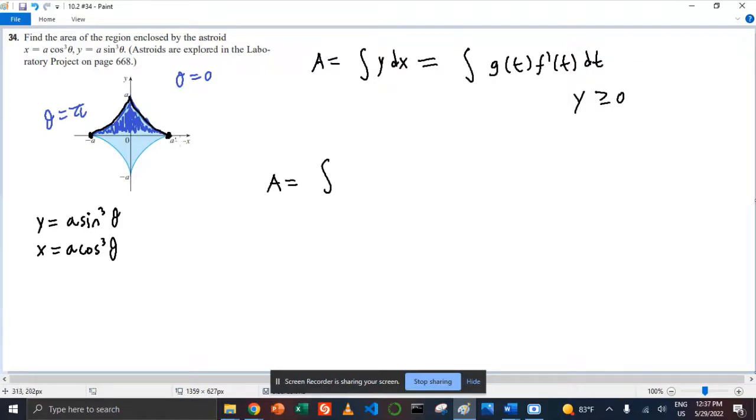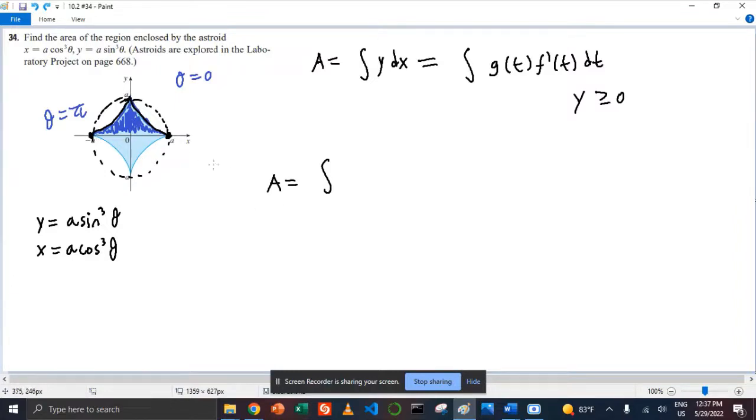But instead of a circle, the parametric equations of a circle would just be a cosine theta and a sine theta. But because of this third power, it moves the circle part inwards. So a circle looks something like this. But because of the third power here, it shifts the circle inwards like this.